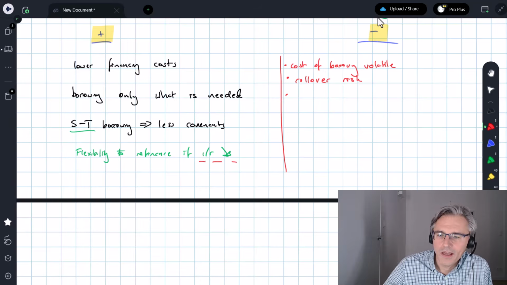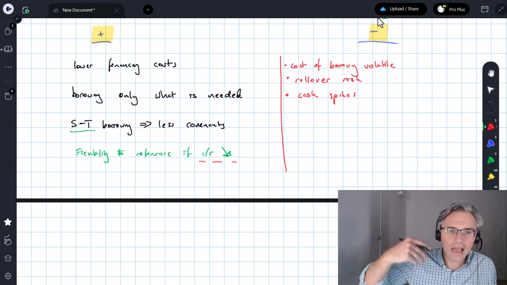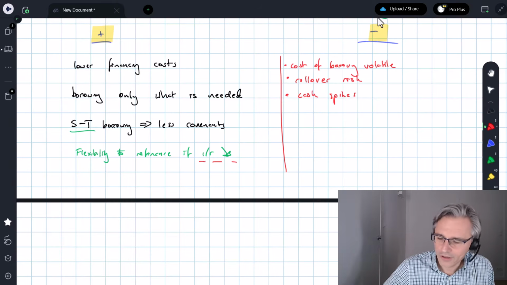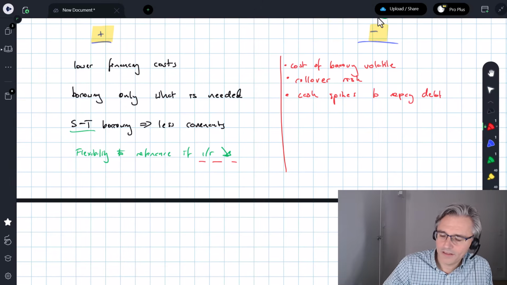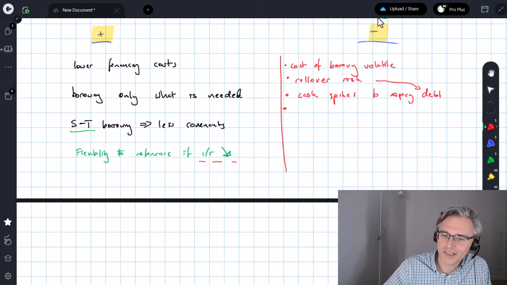What else? You may face cash spikes, an additional need for cash to repay your debt, especially if people don't want to roll over your existing debt and refinance your needs.